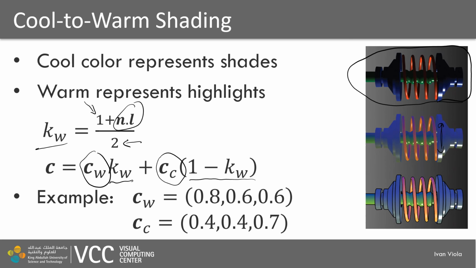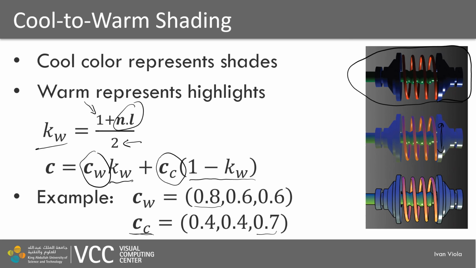We have here two different colors, the warm color, which would be something rather bright with a high red component, and the cool color, which will have a high blue component, as you can see here. And generally, the intensity of this color will be lower.